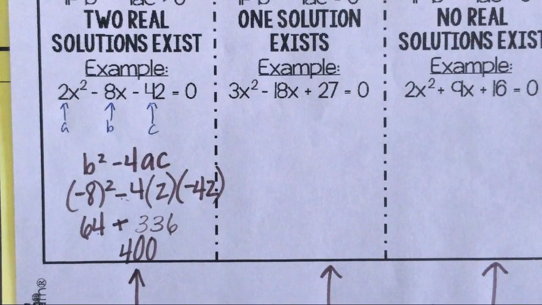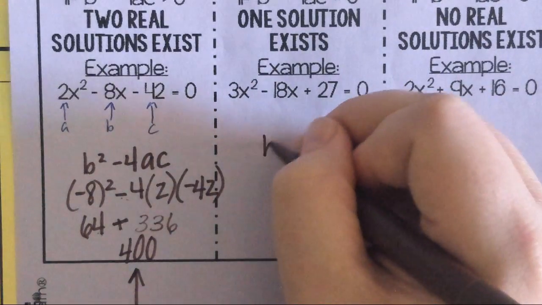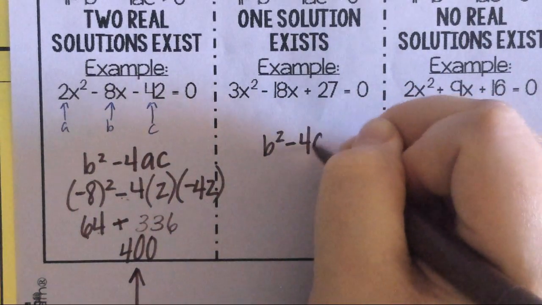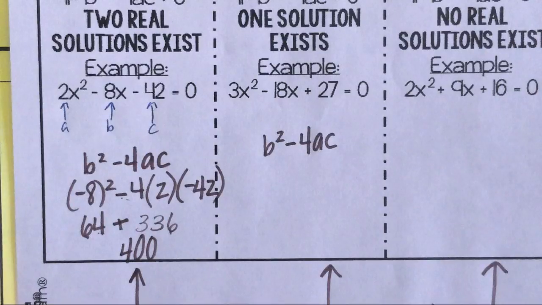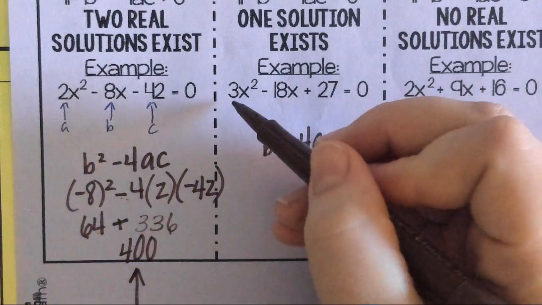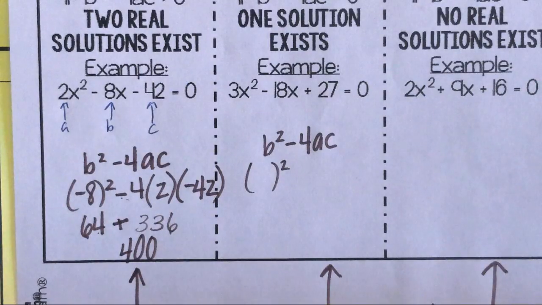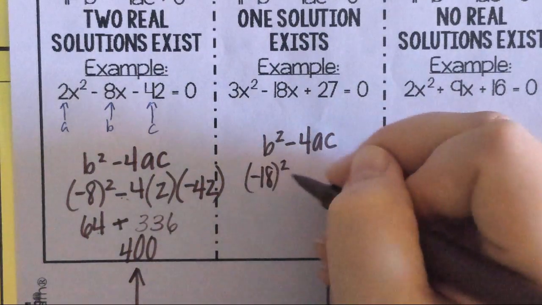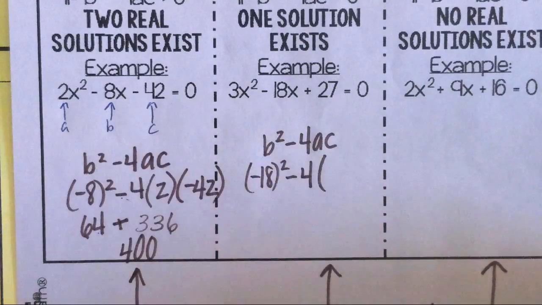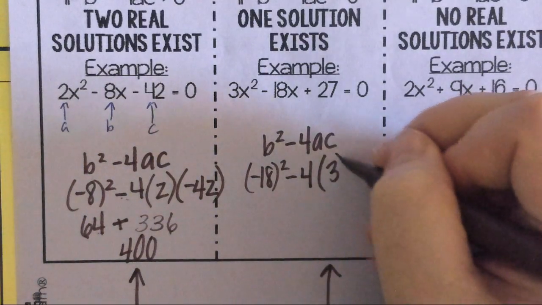Before we get to why that's useful, let's do it with the others too. I need to know B squared minus 4AC. What would B squared be in my second example? -18 squared. What would the A be? 3. What would the C be? 27.